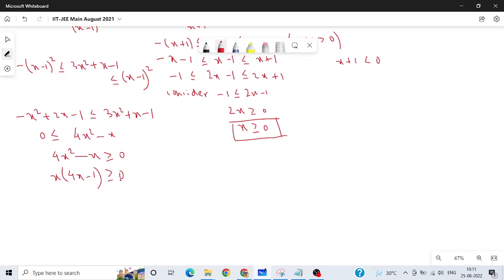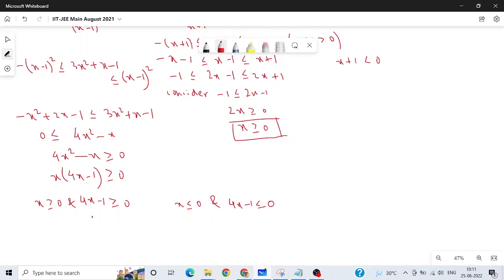Now the product of these two numbers is greater than or equal to 0, so definitely both will be greater than or equal to 0 or both will be less than or equal to 0. So we have x is greater than or equal to 0 and 4x minus 1 is greater than or equal to 0. I will write it as an 'and'. And another possibility is x less than or equal to 0 and 4x minus 1 is less than or equal to 0.